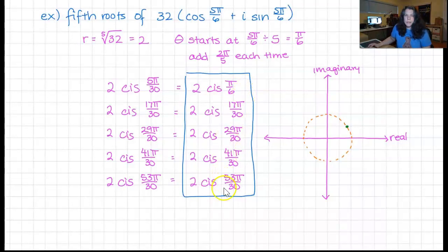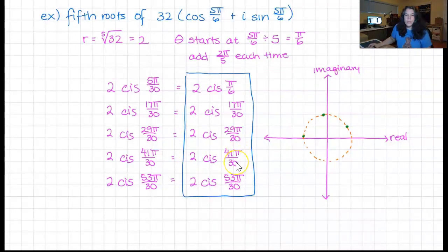But now let's see, 17 pi over 30, that's a little bit bigger than pi over 2. Pi over 2 would be 15 pi over 30. And so this is a smidge bigger. So I'm going to put that right there. I'm going to do my best to estimate these. 29 pi over 30, that's just under pi. And so I'm going to put it right there.